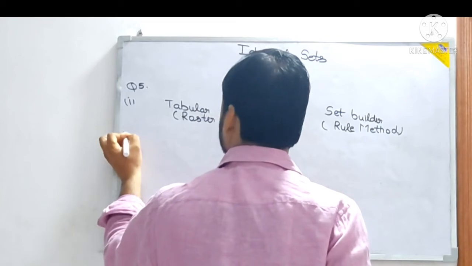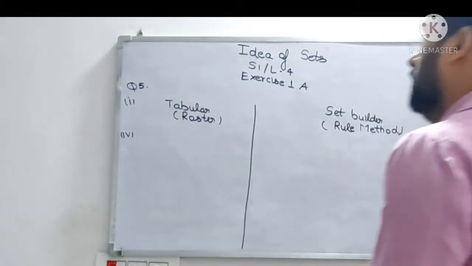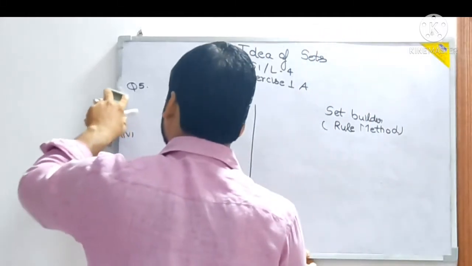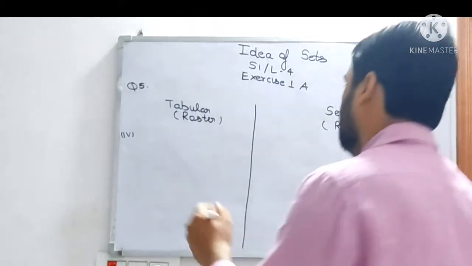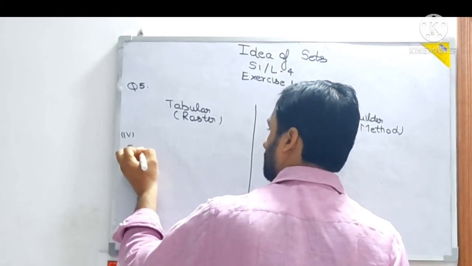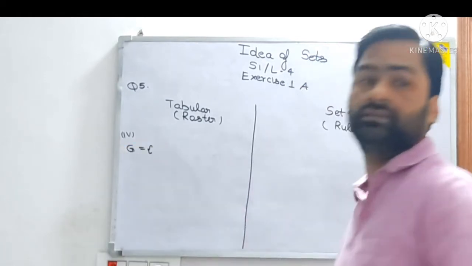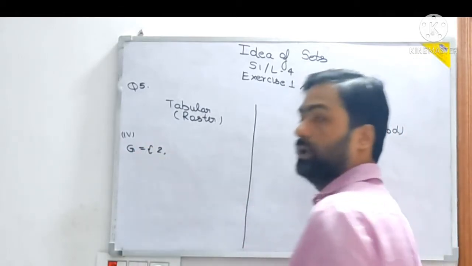The fourth part now. What is the fourth part? The fourth part says the set of prime factors of 48. Prime factors means 1 is not a prime, 1 is not composite, 2 can divide. Yes. 8 plus 4 is 12.